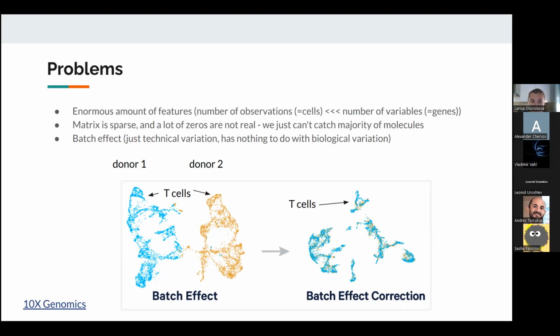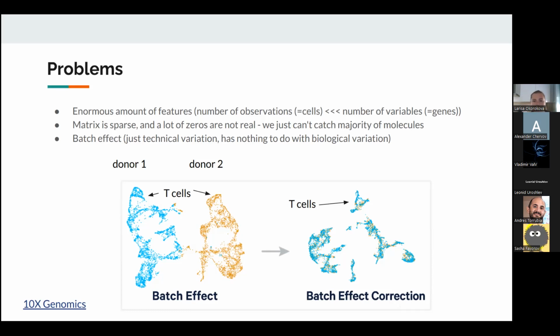Another problem is that the matrix is very sparse. I would say we have more than 90% of zeros inside our matrix, and this is not the biological reality. These zeros do not mean that this feature is not present in this particular cell.